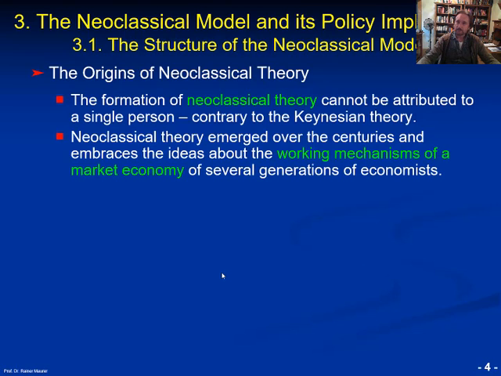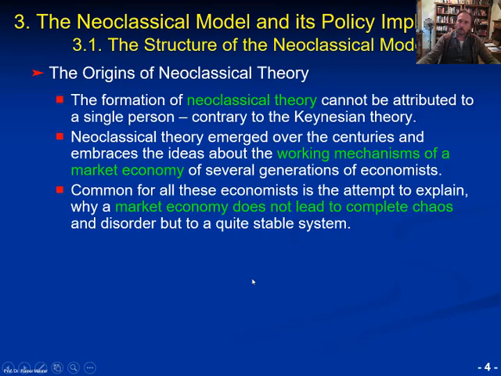Neoclassical theory has emerged over the centuries and embraces the ideas about the working mechanisms of a market economy of several generations of economists. Common for all these economists is the attempt to explain why a market economy does not lead to complete chaos and disorder, but to a quite stable system.